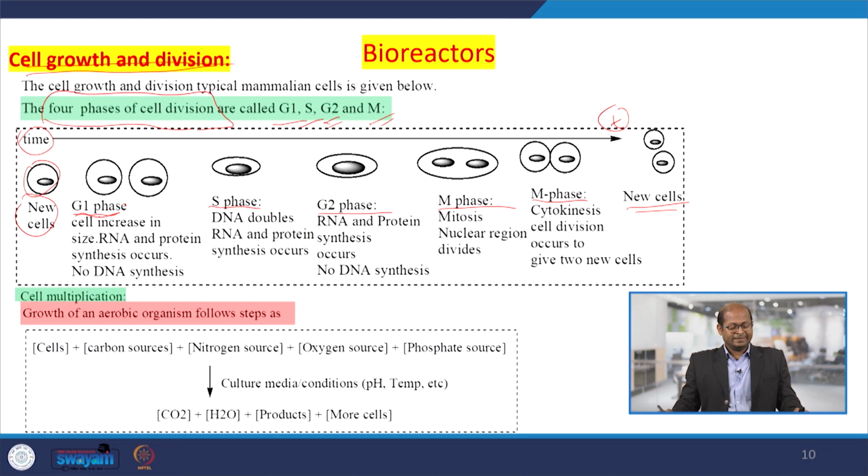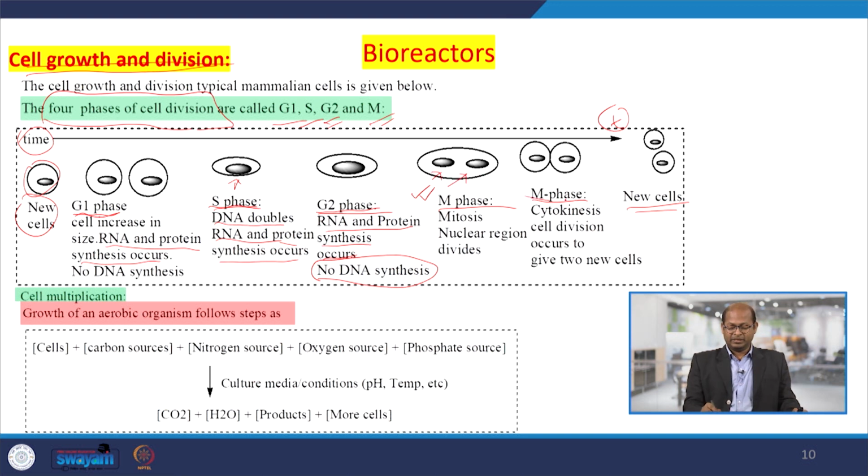In this phase the cell increases its size, and RNA and protein synthesis take place, but no DNA synthesis. In S phase the DNA doubles, and RNA and protein synthesis also occur. In G2 phase RNA and protein synthesis take place, but no DNA synthesis. After that in M phase, mitosis, the nuclear division, takes place.